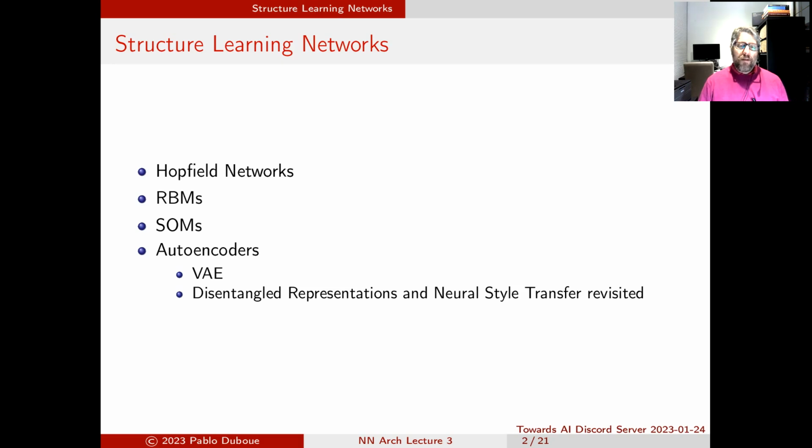So these networks have some things that make them particularly interesting, and it's good to keep studying them for the purpose of reconsidering them later on once hardware improves.